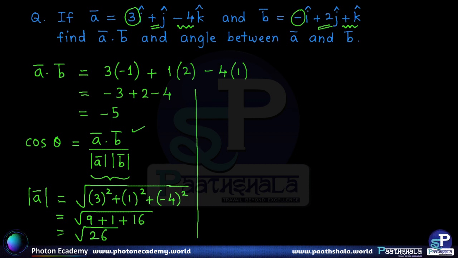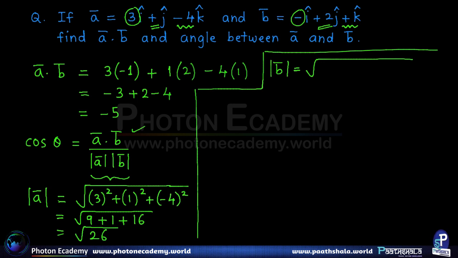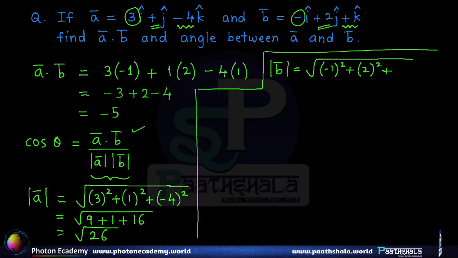Let us calculate b bar now. Mod of b bar is equal to -1 the whole square plus 2 square plus 1 square, which further is equal to root of 1 plus 4 plus 1, which is equal to root 6.